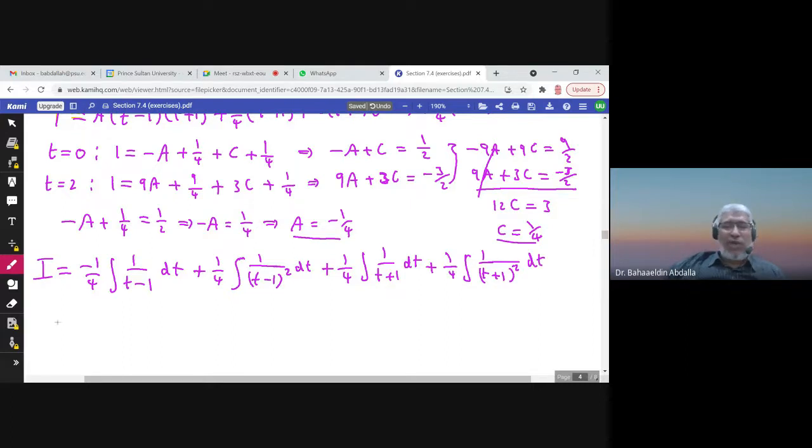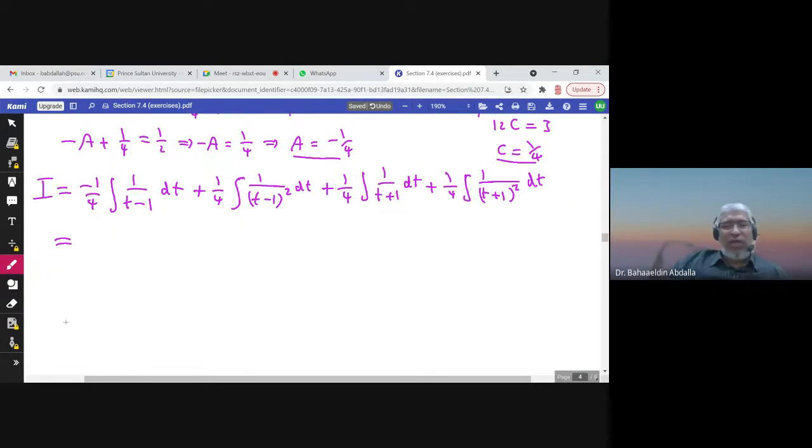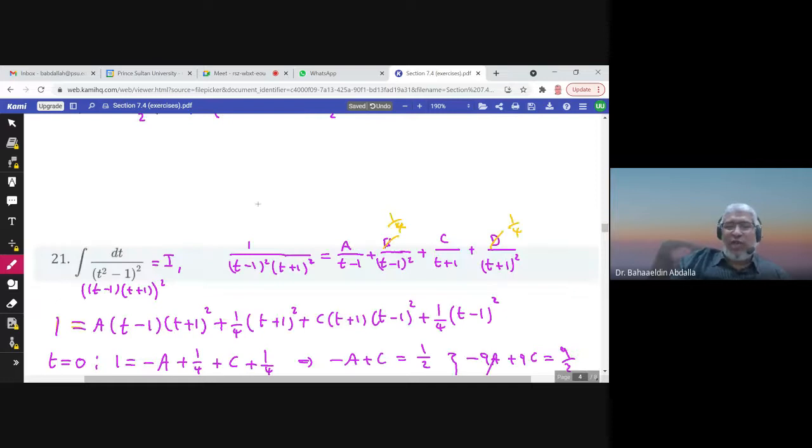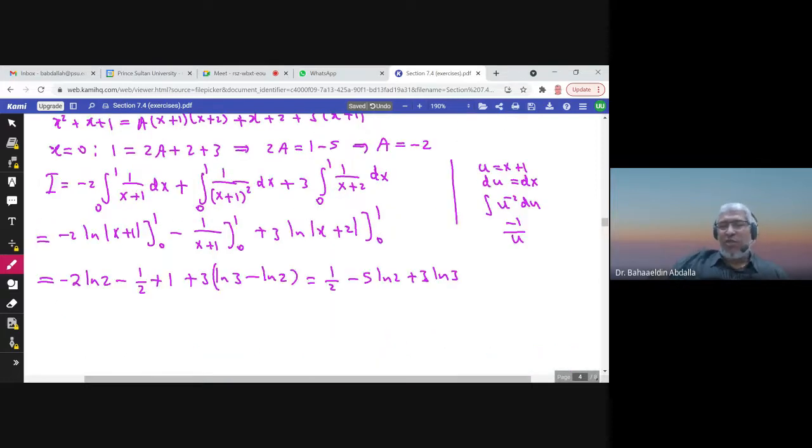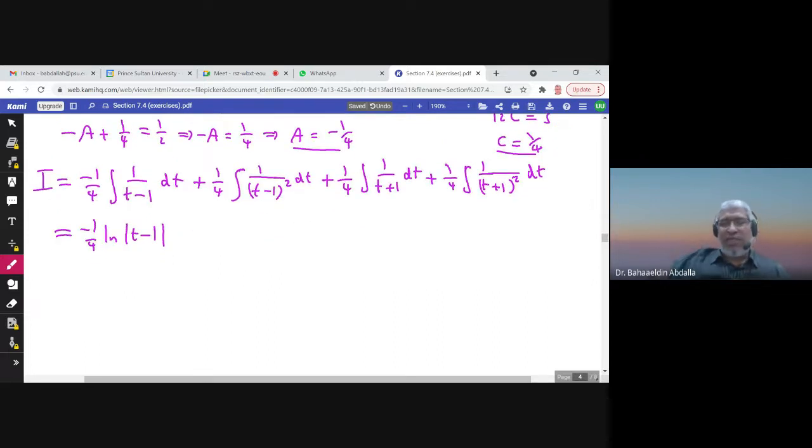And you can continue the answer. It would be negative 1 over 4 ln absolute value of t minus 1 plus. Notice that we just solved the question like this one, x plus 1 squared. This is exactly the same.